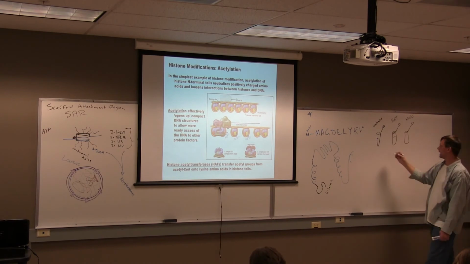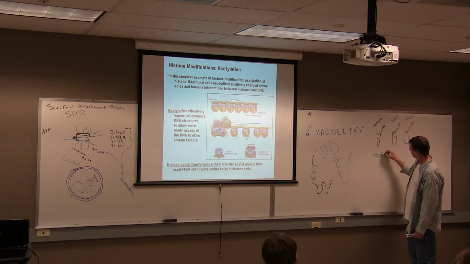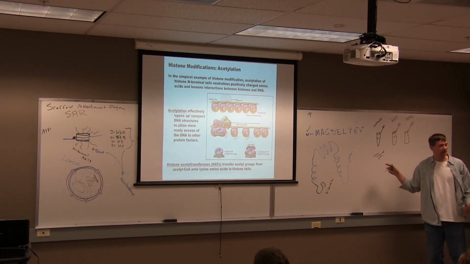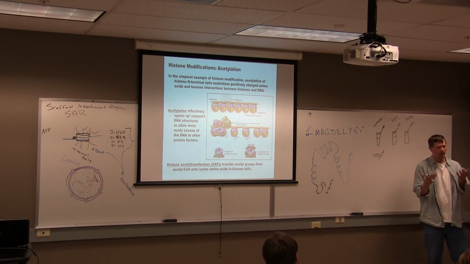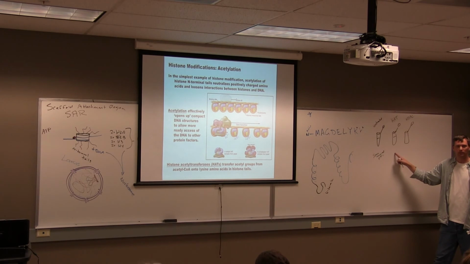In this case, I should have some compacted parts. Compacted parts. And some that are not compacted because I just purified it from a cell and it's a mix and match of it. If I add histone acetyl transferase, it should cause the DNA to open up.